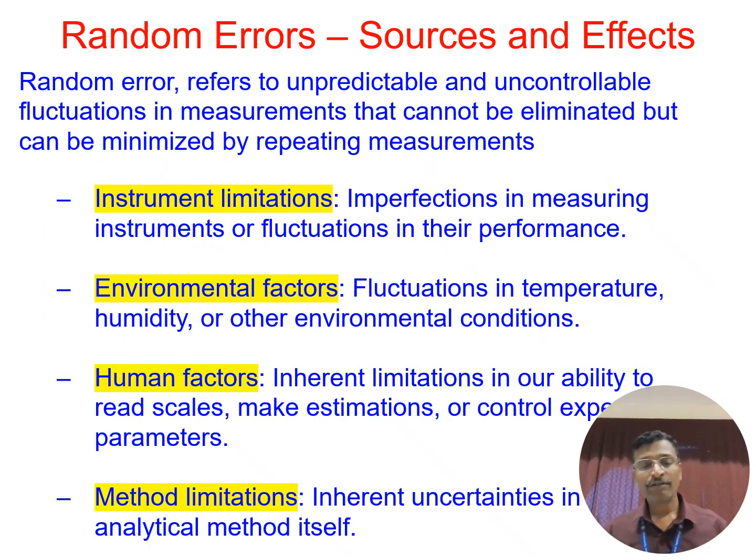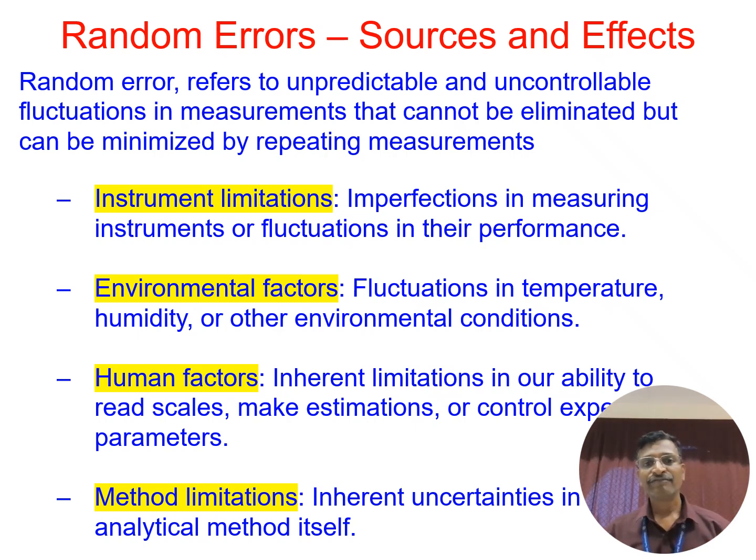Okay, so we have studied systematic error, that is determinate error. Now let us move to random error, indeterminate error. Here there are four or five major sources.